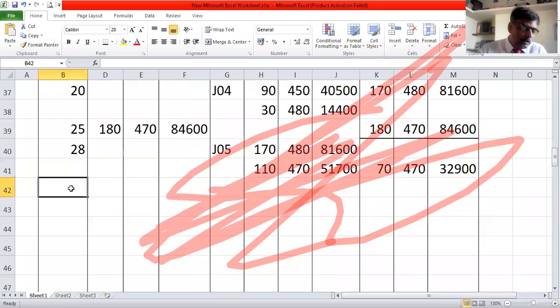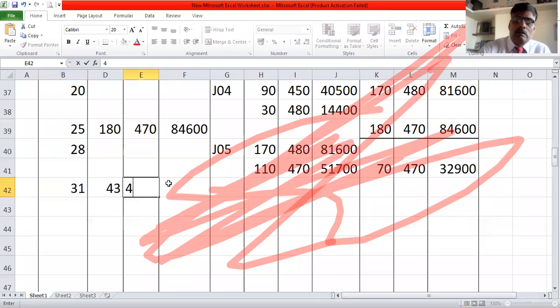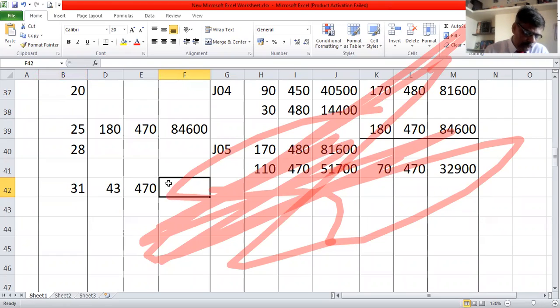Then on 31st there is a surplus. Surplus is 43 tons. This is to be recorded at recent issue price 470. 470 into 43 is equal to 20,210.